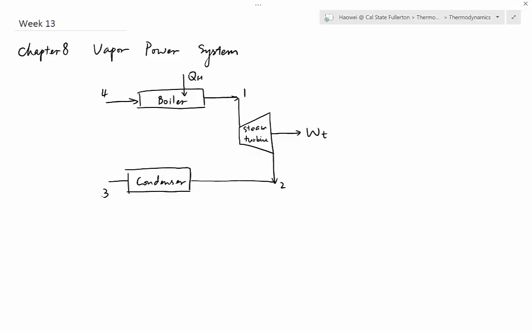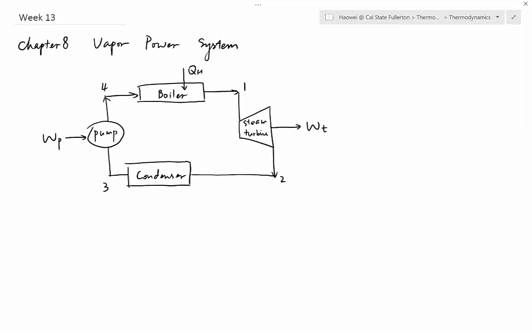And then before we send number 3 back to number 4, we need to pump up the pressure. And in order for the pump to work, you have to provide electricity or consuming work. The pump has to consume work. We call it WP.